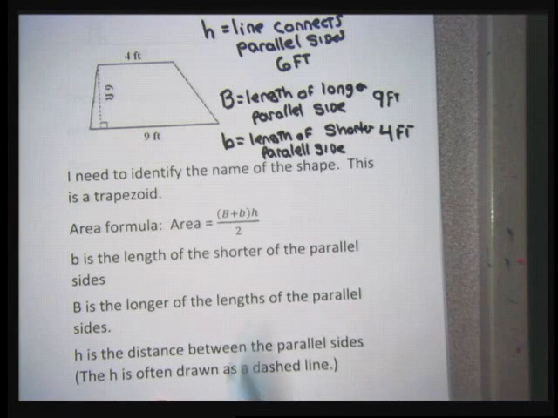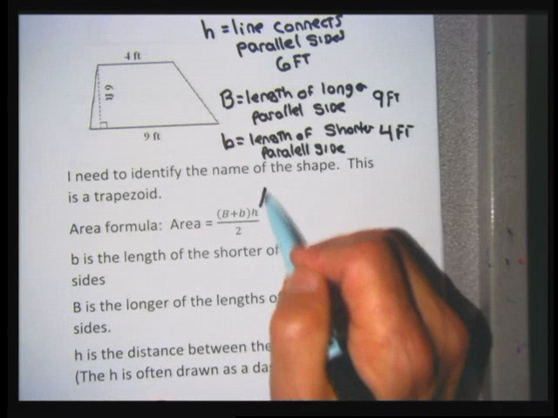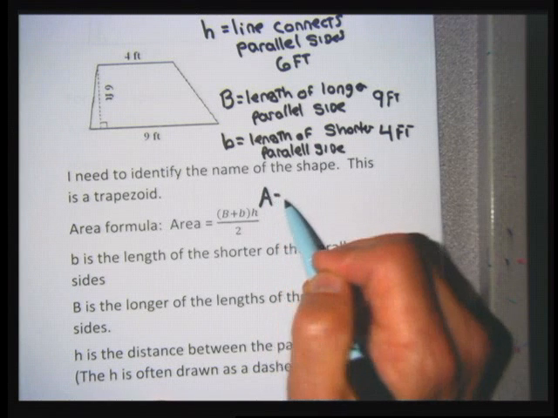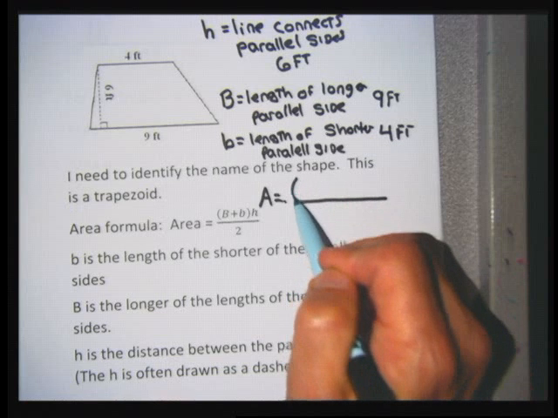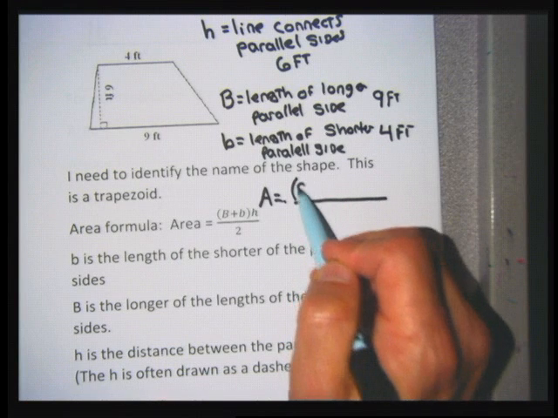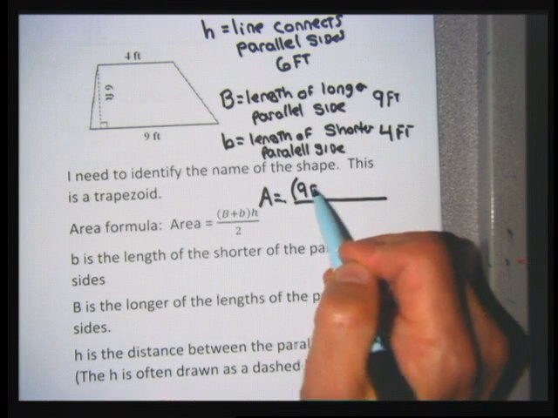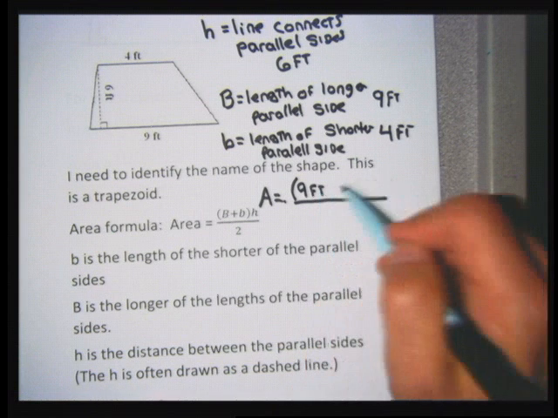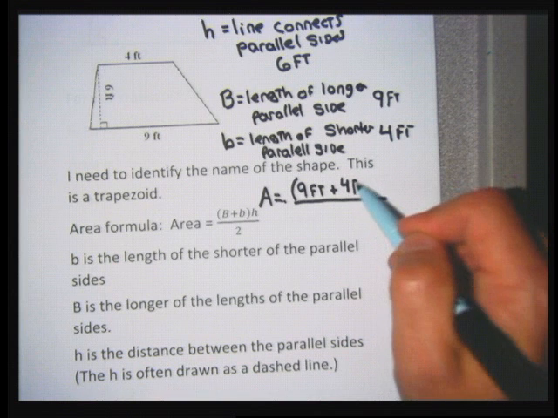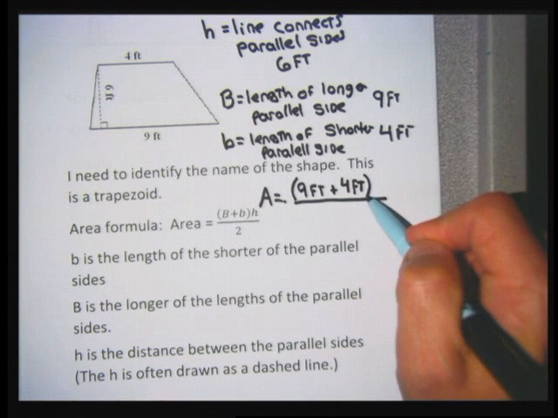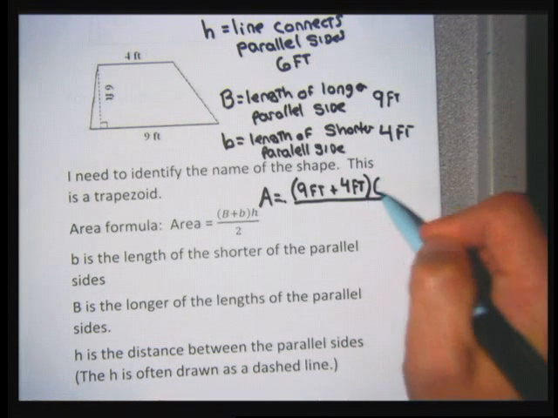So if I want to find the area, I'd go A for area equals, form a fraction. In the numerator of the fraction, I get a parentheses. For big B, I'm going to put 9 feet. For little b, I'm going to put 4 feet. I'm going to close my parentheses, and then for h, I'm going to put 6 feet.